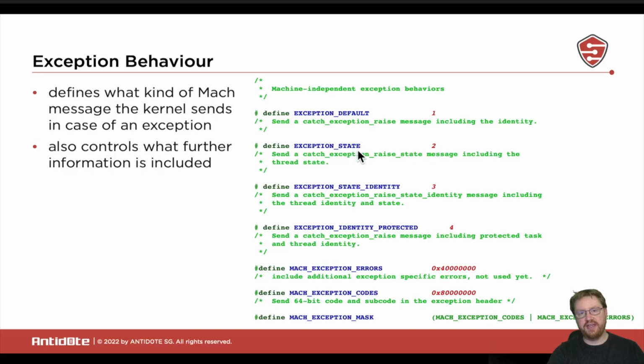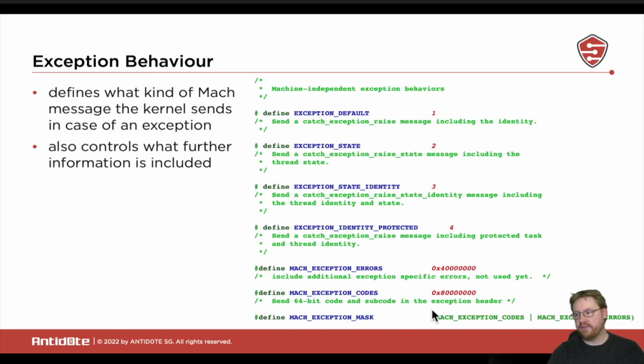When you have state, then you also have the CPU state inside the exception message. State identity is a combination of default and state, so you have both inside the exception message. And identity protected is where the identity, meaning what task and what thread, is additionally protected.